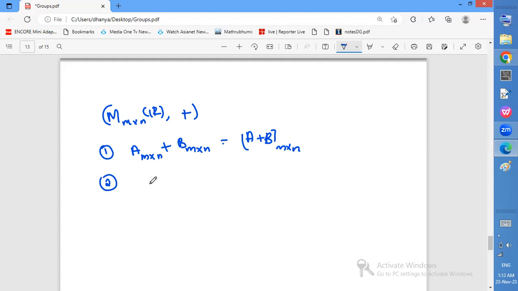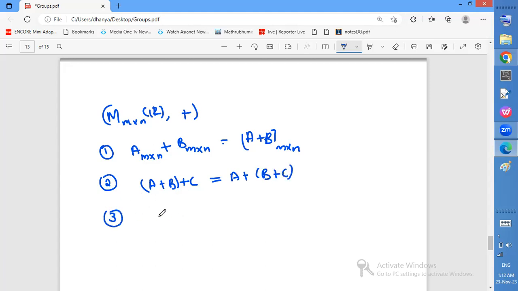The second one is associativity. We already know that matrix addition is associative. For any three m by n matrices over R, A, B, C, we have (A plus B) plus C is always equal to A plus (B plus C). So the second condition is also verified.